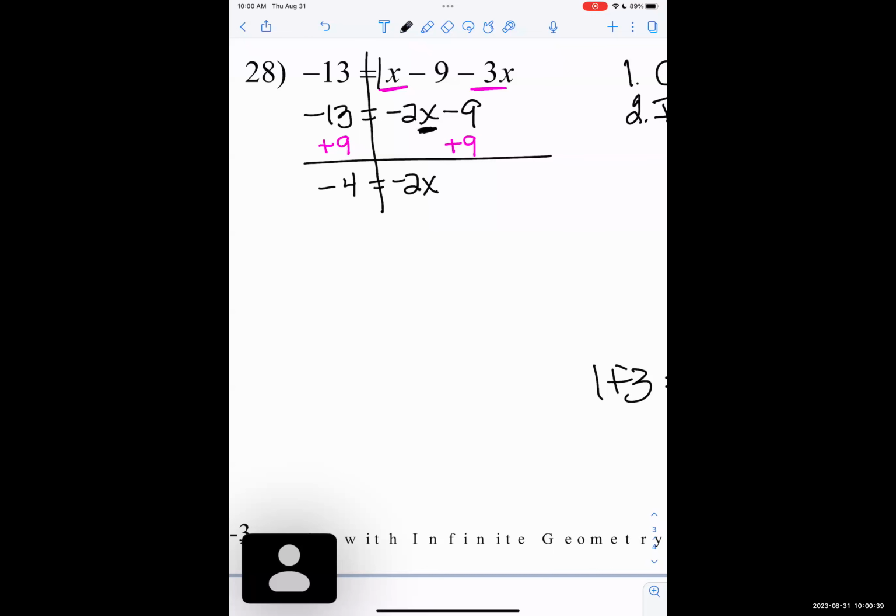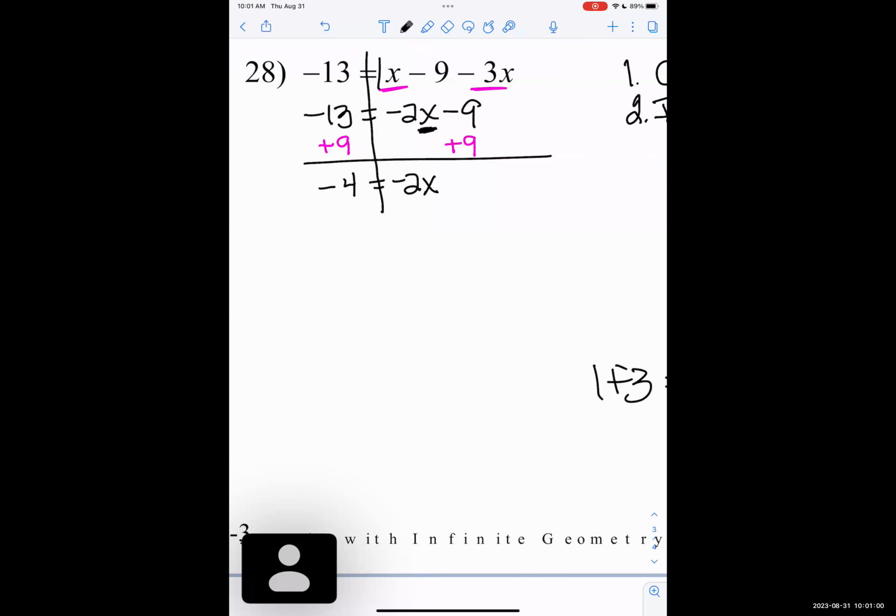-2x. First, we get rid of the plus or minus. We see a blank space. That means that's -2 times x, right? Blank space is multiply.